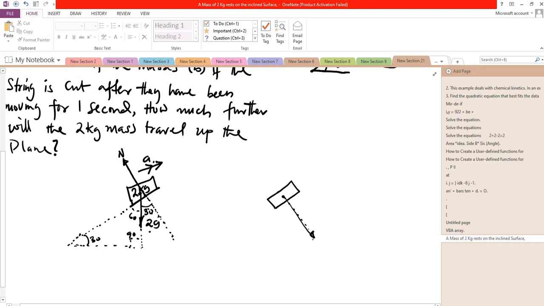Perpendicular to the plane, then this one along the plane, then we have the normal reaction, which is N. Then there is an acceleration up here.